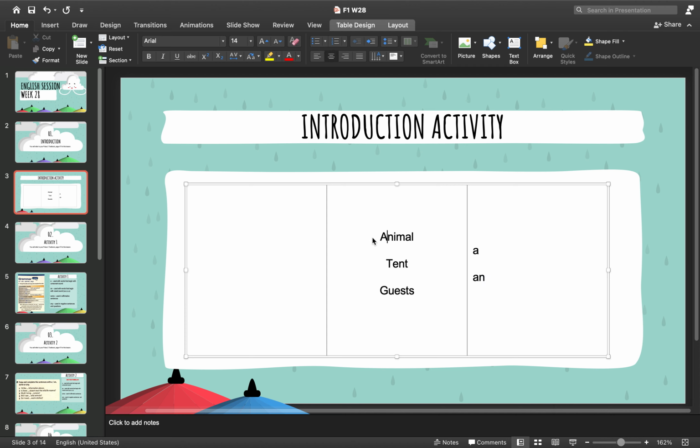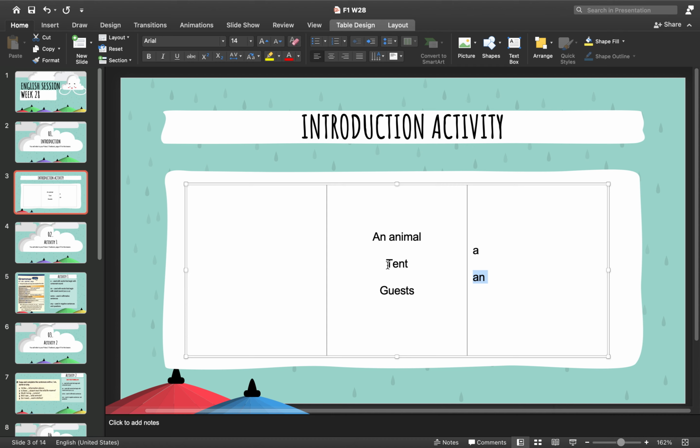Okay, so if you want to say there's an animal, you are going to write it this way. Okay, kalau kita nak cakap pasal haiwan, ada seekor haiwan, so kita akan pakai artikel an yang ni. Okay, untuk tunjukkan ada satu ekor haiwan sahaja.